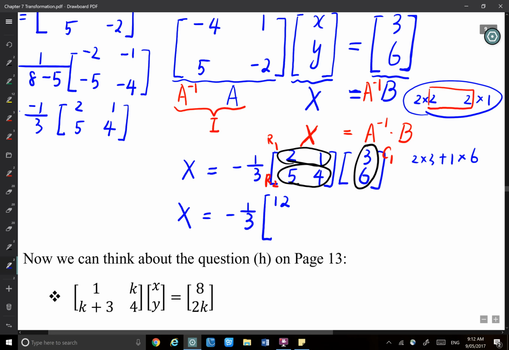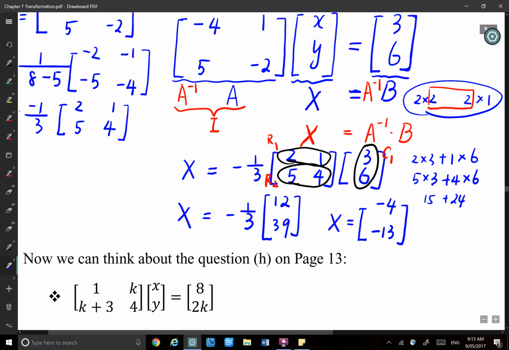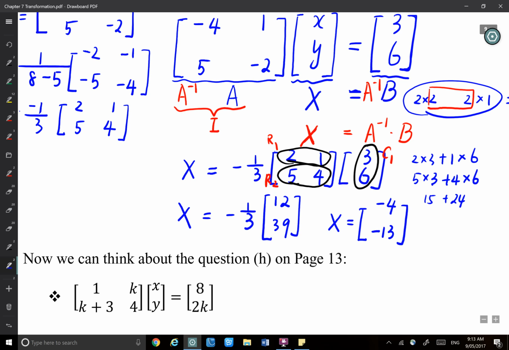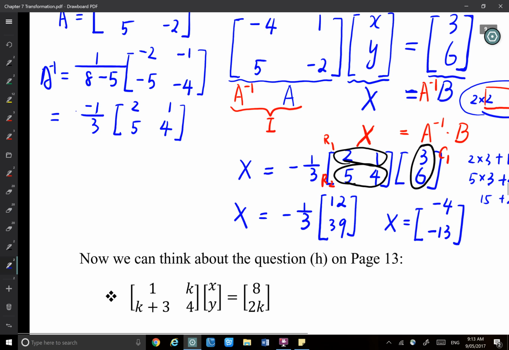Row 2 times column 1 is 5 times 3 plus 4 times 6, 15 plus 24, 39. And X equals minus 4, minus 13.